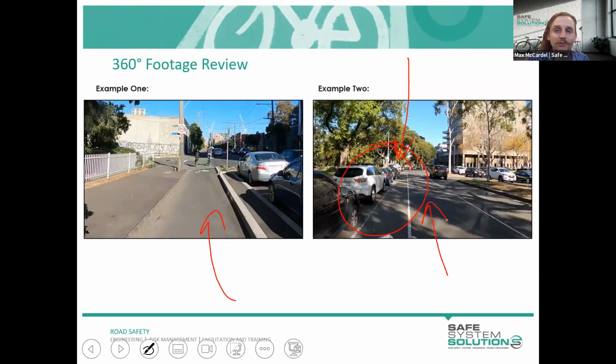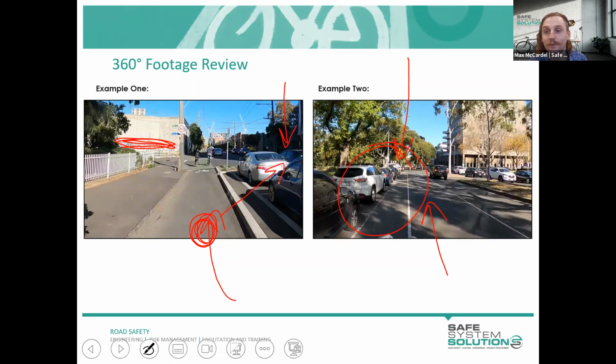For those that did review this footage, you may have also noticed that there is a situation where you can see there's a vehicle turning left into this minor street. And there is a little bit of tension there, because of the sight lines, it's quite difficult for a cyclist riding here to see that motorist turning left.